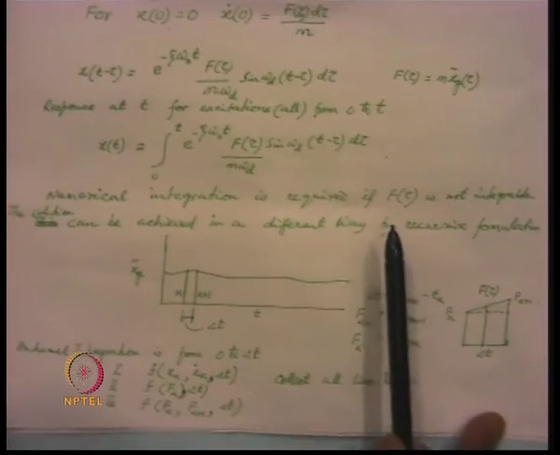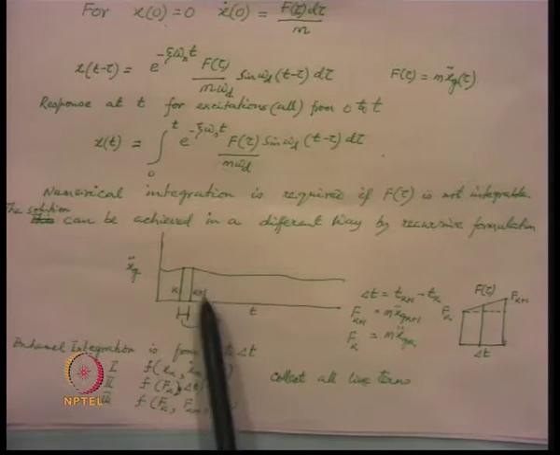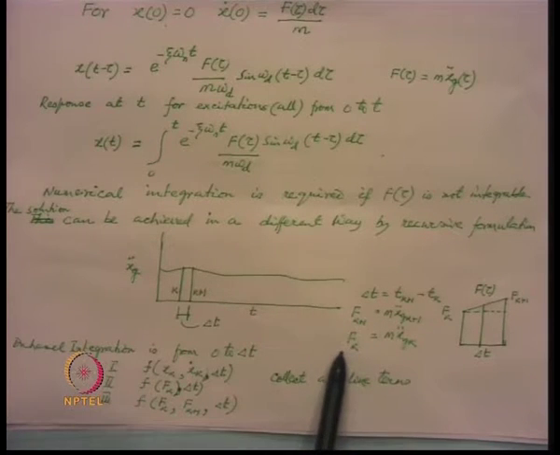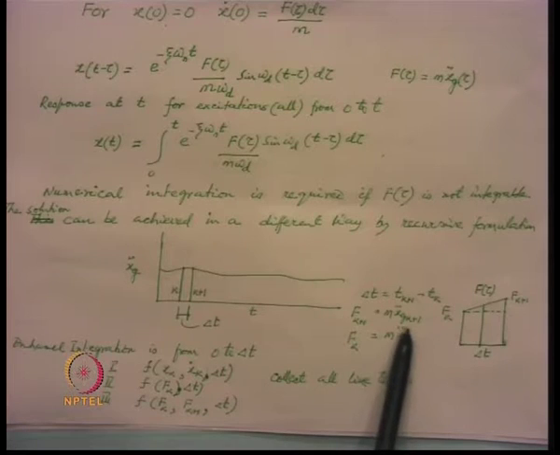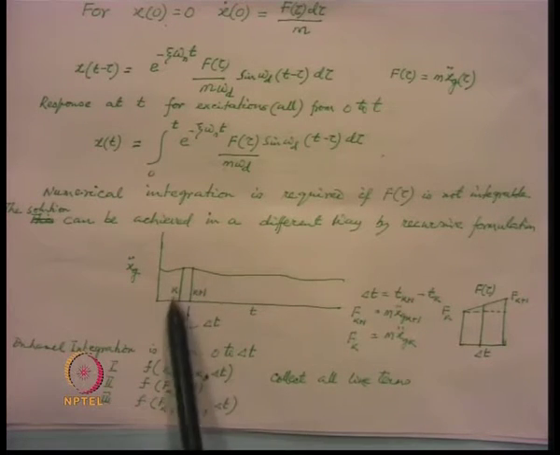At these two time steps, the values of f k plus 1 and f k are known, that is, the ground accelerations at these 2 points are known. So, we can multiply them by m to get the forces at these 2 points.